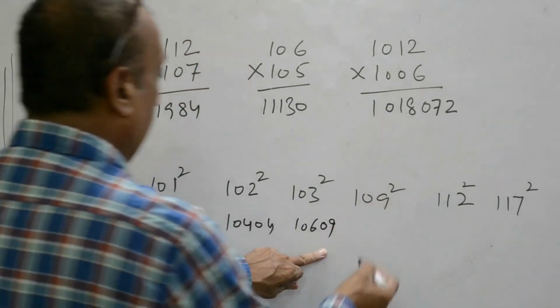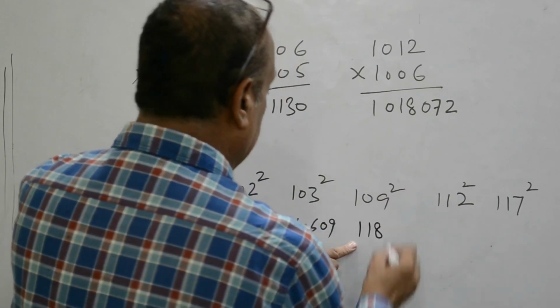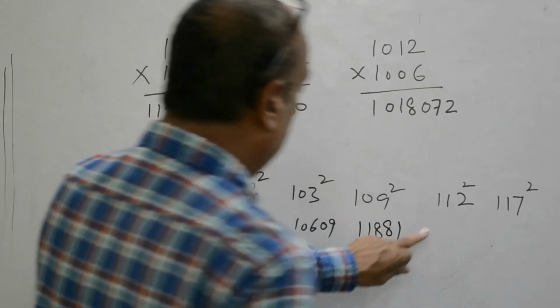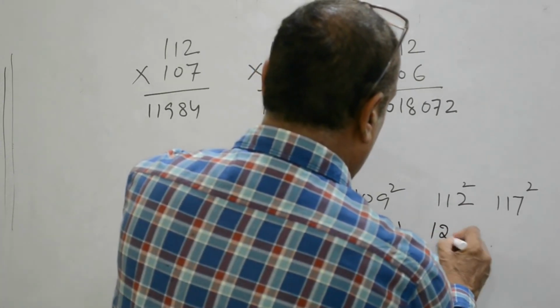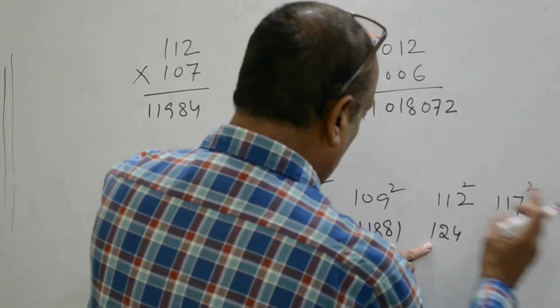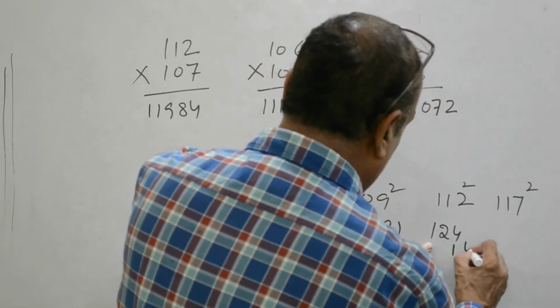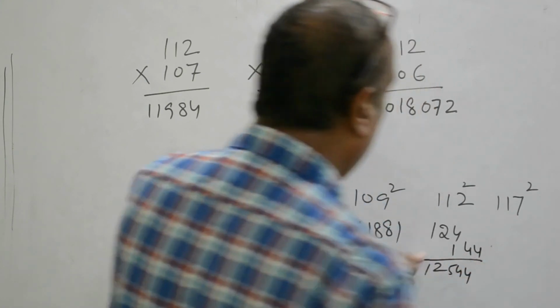In 100 add 18, multiply 9 by 9, it is 81. In 100 add 24, 12 multiplied by 12 is 144. So it is a 3-digit number, so it will be 144. So 1 to 5, 44.